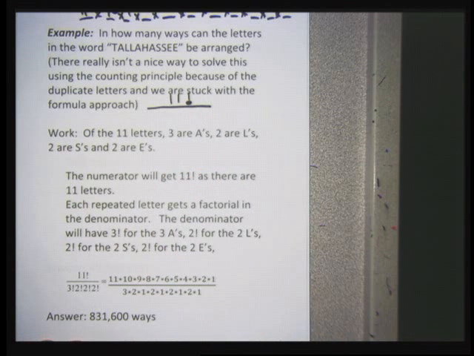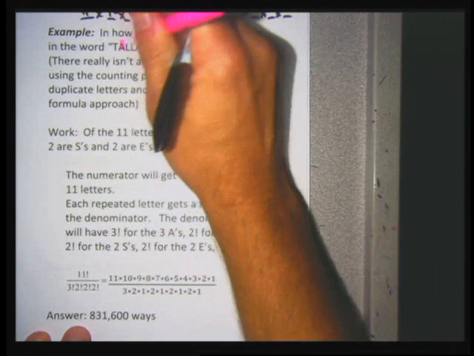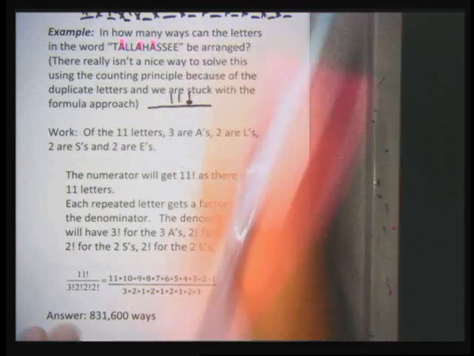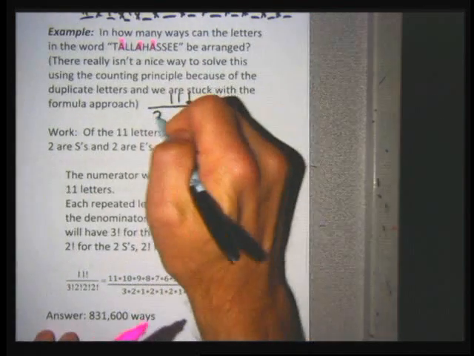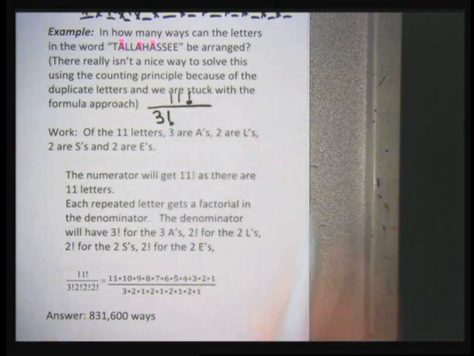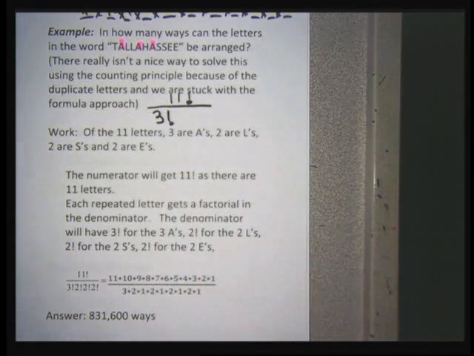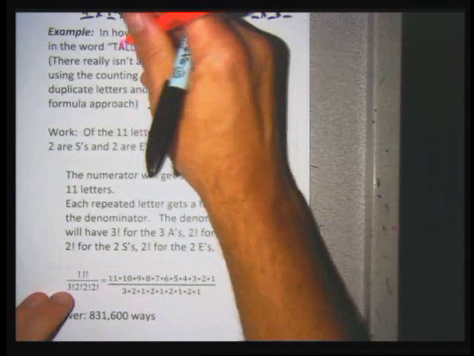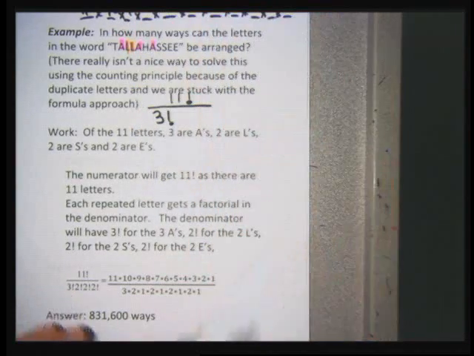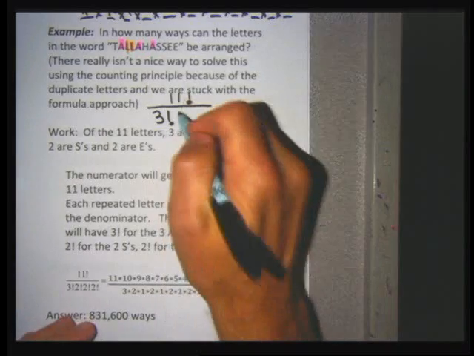The denominator is going to have a factorial for each of the duplicate letters. The first letter that I see that's duplicated is an A, and there's 3 A's, so the denominator is going to have a 3 factorial. Then the next letter that's duplicated is the L. There's 2 L's, so the denominator is going to have a 2 factorial.